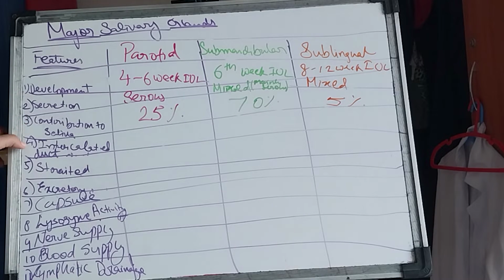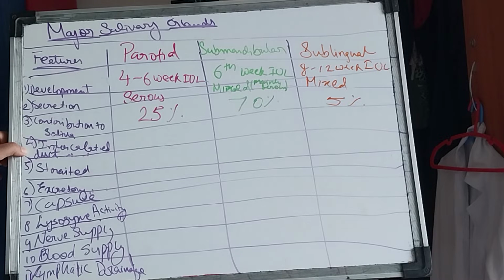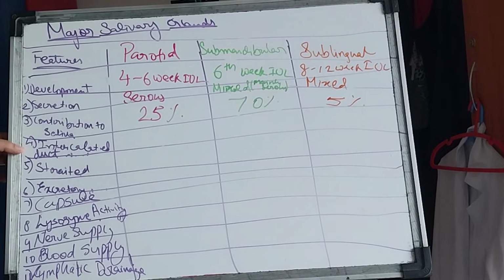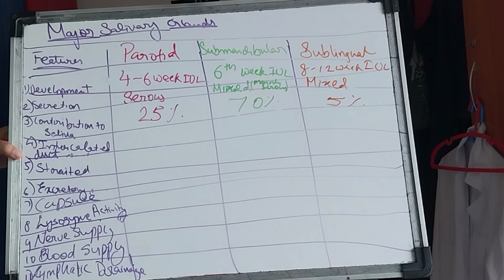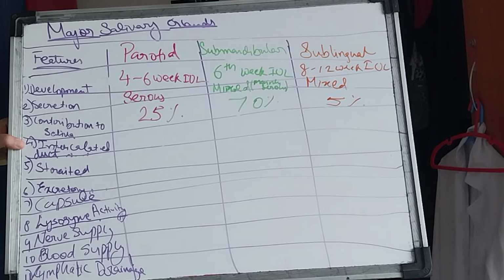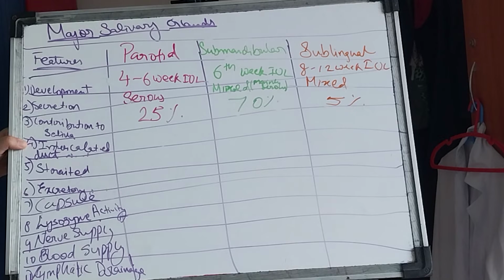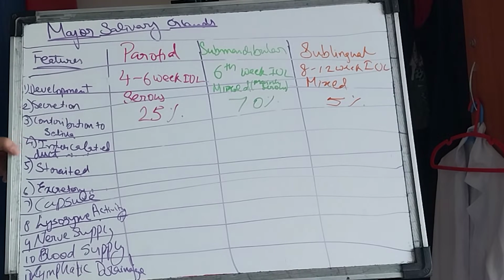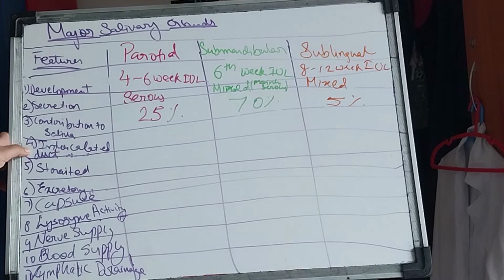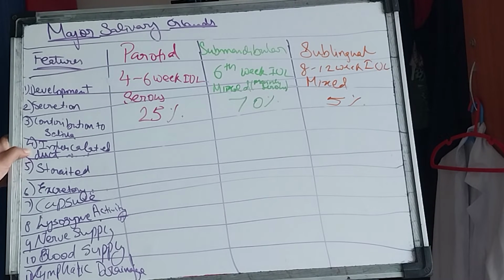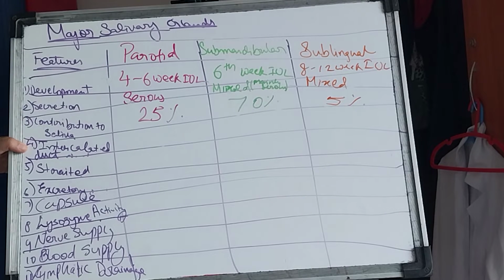Then coming on to the intercalated ducts. I think you have to watch part 3 first for understanding the ducts in detail, but for now you can just stay here and see the dimensions of the parotid gland's intercalated duct.